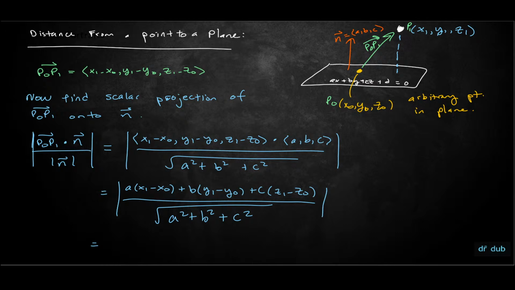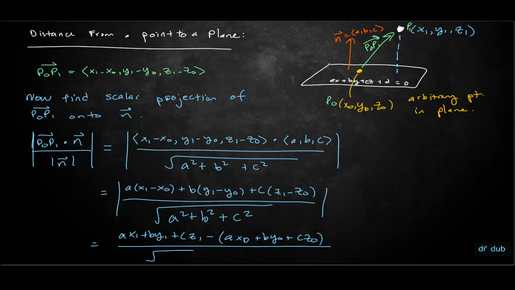And so that's going to be a times x1 plus b times y1 plus c times z1 minus parentheses a times x0 plus b times y0 plus c times z0, all over the square root of a squared plus b squared plus c squared.